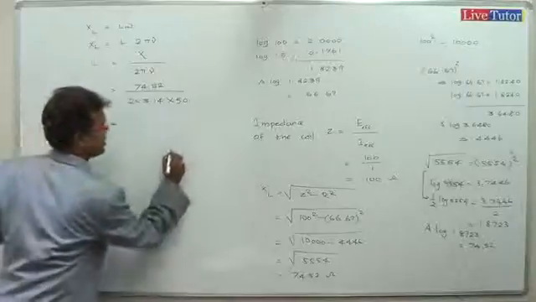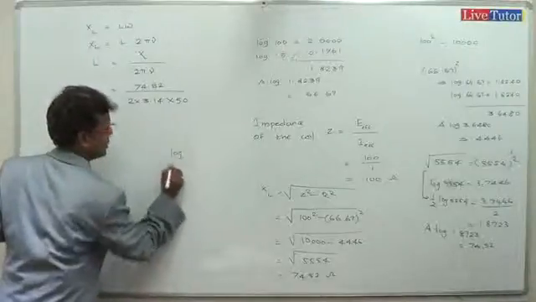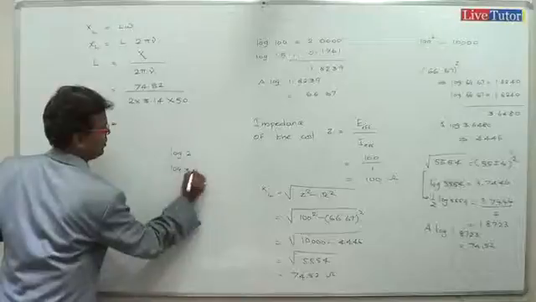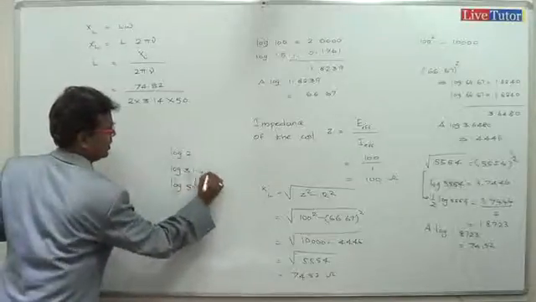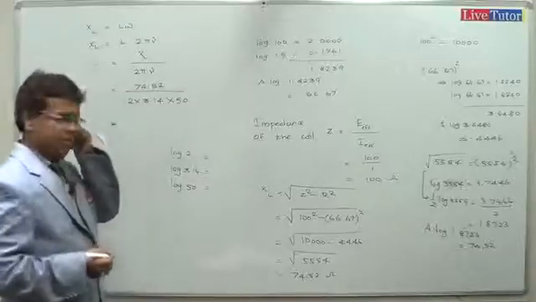I'll take this one first. Log 2, log 3.14, then log 50. First take this and add that first.